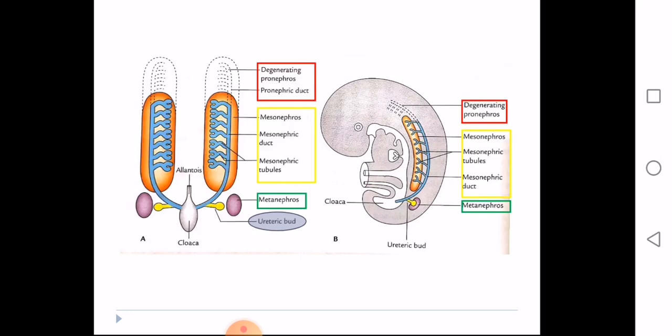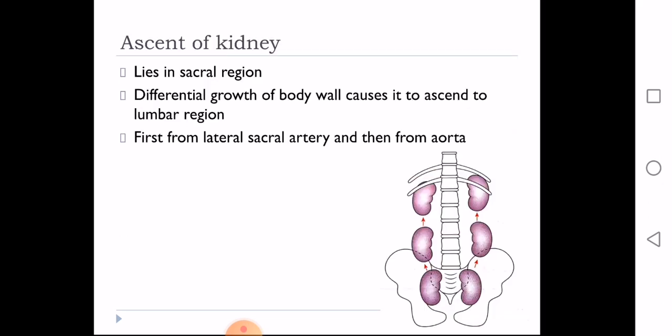Once again, that same diagram. You can see the metanephros and you can see the ureteric bud. Now, the kidney has developed and you know that the kidney is now in the sacral region. But from your knowledge of gross anatomy, you also know that the kidney is not present in the sacrum.